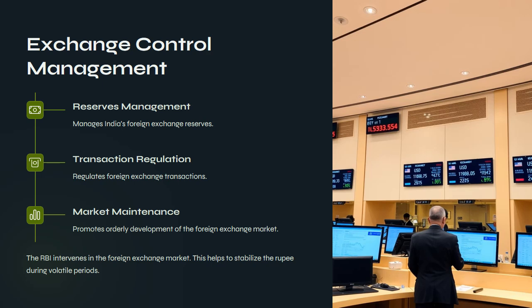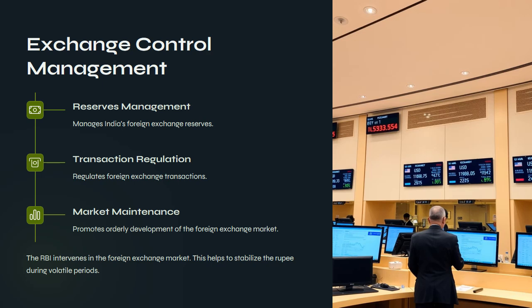Whenever there are ups and downs in reserves, it is the RBI that manages India's foreign exchange reserves systematically and maintains transaction regulations. There must be a unique way of transactions dealt between countries. So the RBI regulates foreign exchange transactions effectively and systematically.